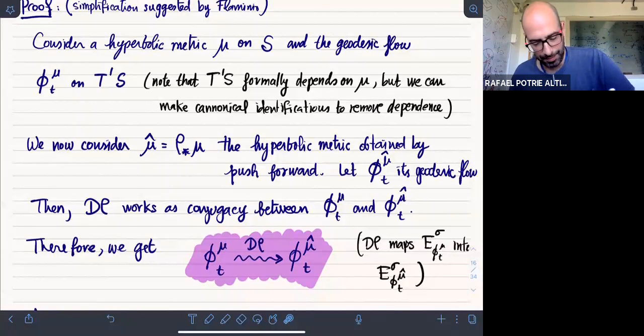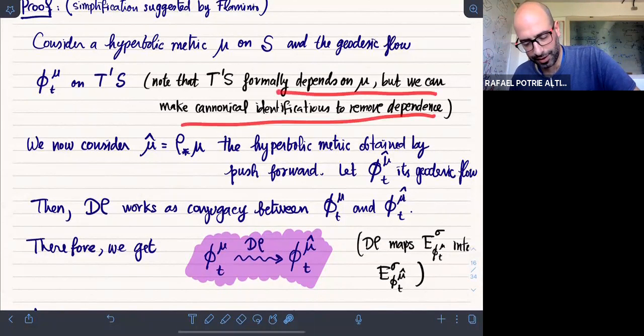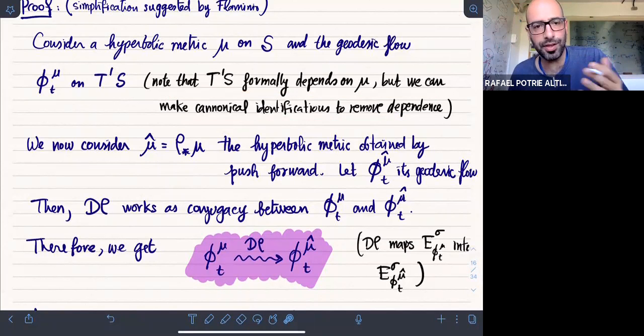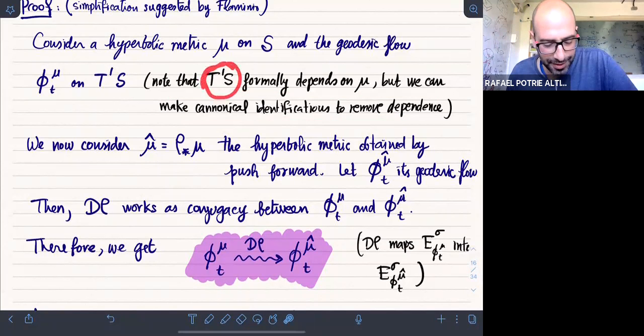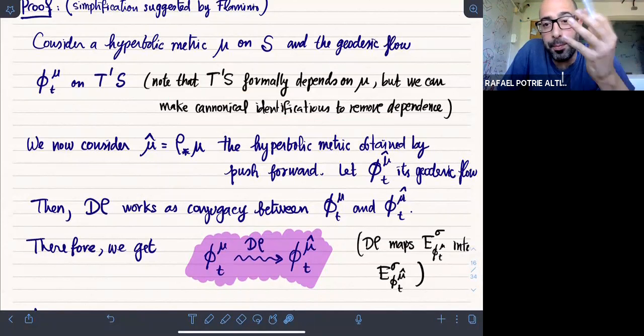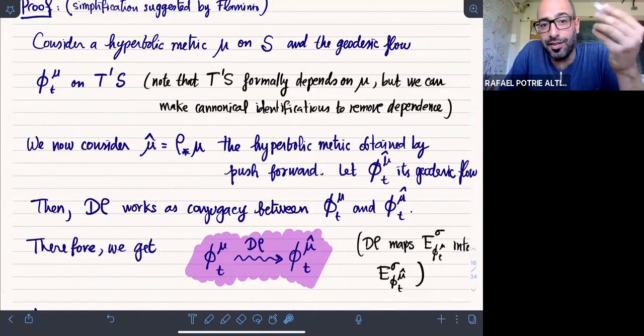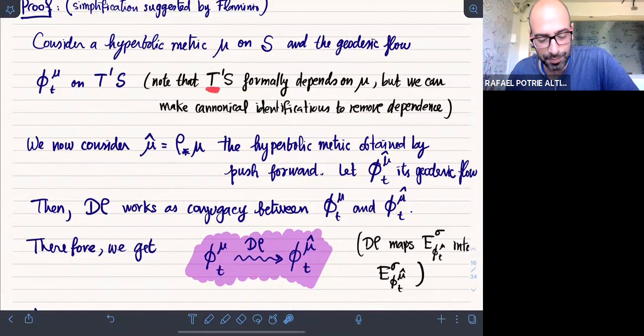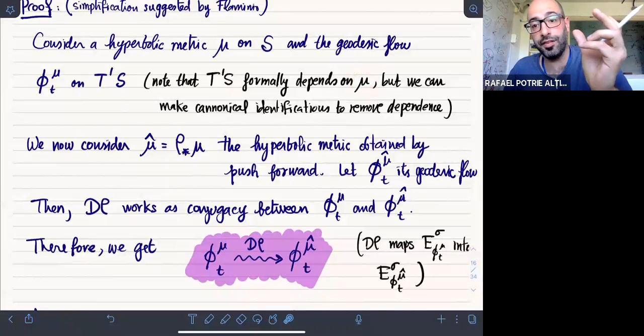Okay, so here I'm hiding something that has to be taken into account. Formally, and this is what I said before, you don't need to think that the manifold is exactly the same, because the unit tangent bundle of the surface formally depends on the metric, because it's the set of vectors of norm 1.